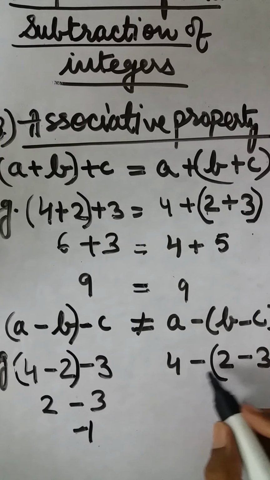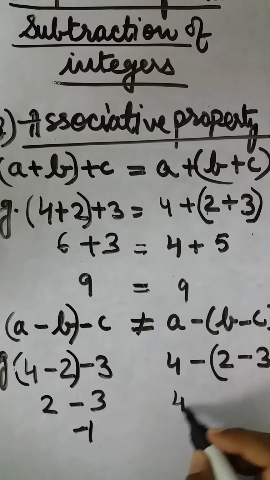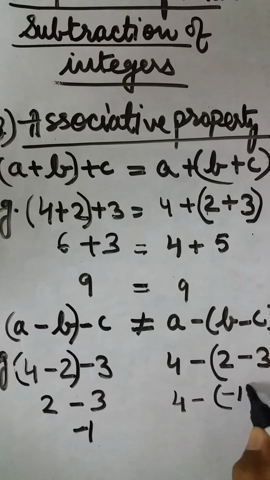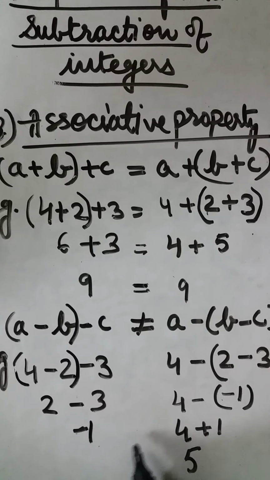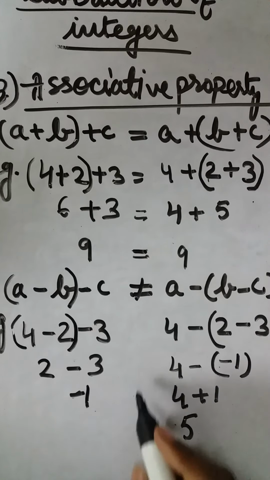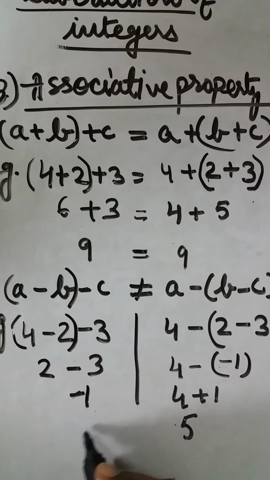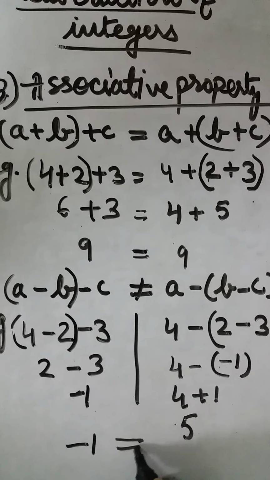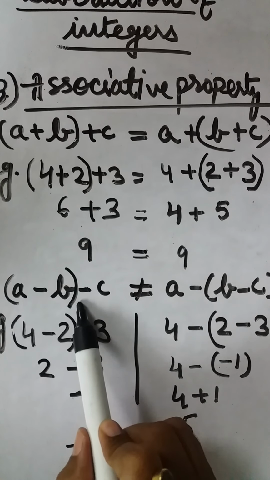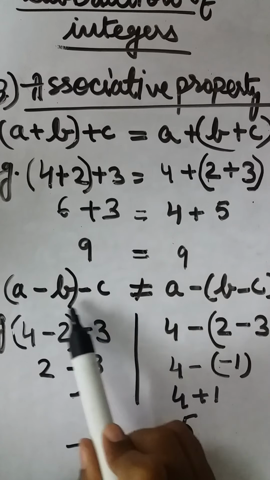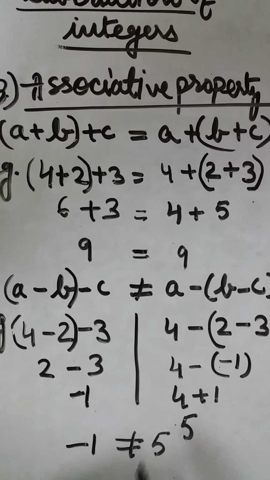And we solve the other one first: the answer is minus 1, then it will be 4 plus 1, and it is 5. We can compare these two results. These two are not equal. So minus 1 is not equal to 5. It means in case of subtraction, the associative property doesn't hold good.